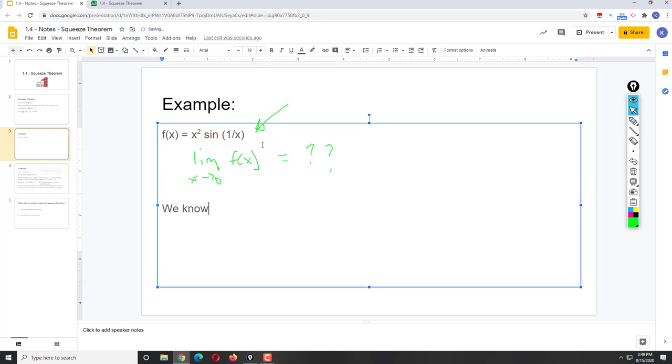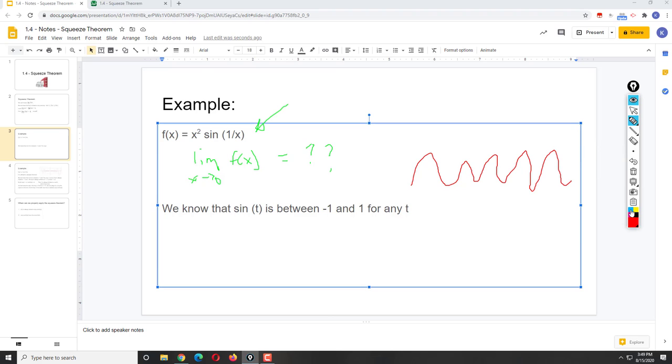we know that sine of t is between -1 and 1 for any t. So we know that sine looks like this, right? It goes up and down, but it's never bigger than +1, and it's never smaller than -1.